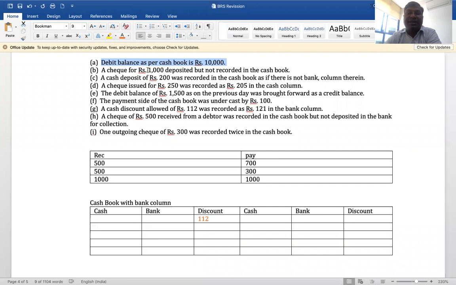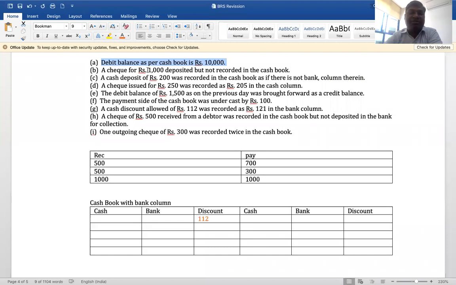When you deposited, what happens? The passbook balance increases, but the same is forgotten to enter into the cash book. As a result, the cash book shows less balance compared to the passbook. Right.